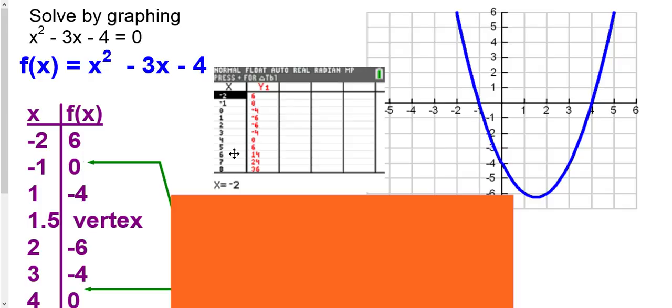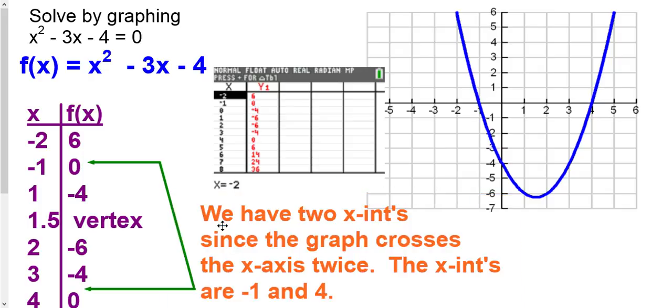That means you're not up and down, so you're right on the x-axis in 2 spots. So whether your output on your table is 0, or if you graph it and look at where you cross the x-axis, both are ways to find your x-intercepts or your solutions or your zeros or your roots. So we have 2 of them here because we crossed twice, once at negative 1 and once at 4.